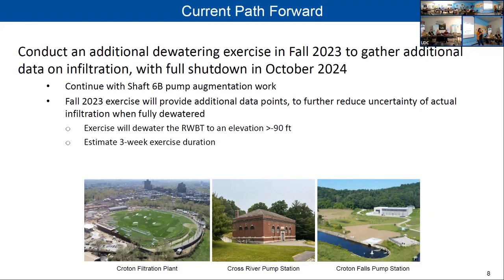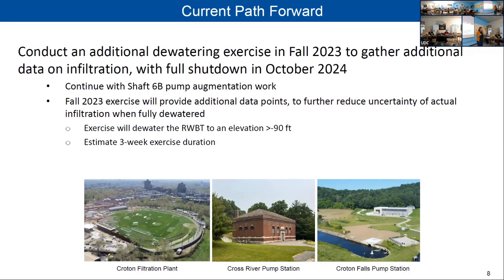We're going to drop it in stages. We'll dewater it to -90, let it hold for about a day, see what the refill is, pump it down even more, and hold it at a further depth, just to make sure that the farther we go down, we don't see higher rates come back in.